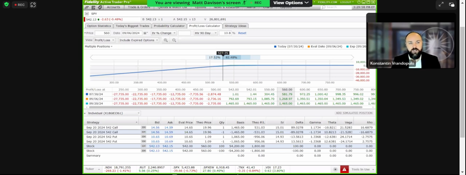So to Matt's point, if you are long stock at 542 and you sold a 542 call and you brought in $15 worth of premium for it, well, you have to realize that the maximum you can make is $1,500, right? No matter how high the security goes.